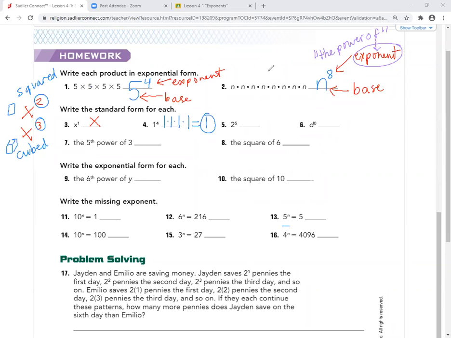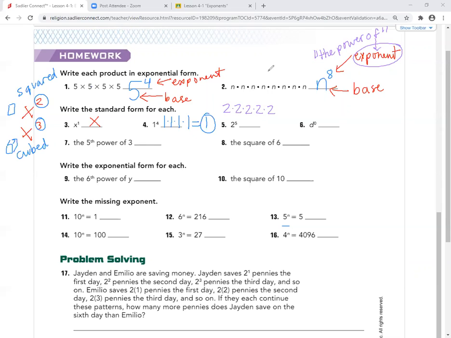Let's try saying this next one by using that phrase, the power of, okay? So what is the base? State the base. For number 5, what's the base? 2 to the 5th power. Everyone say it with me again. 2 to the 5th power. It means I have 5 copies of 2.